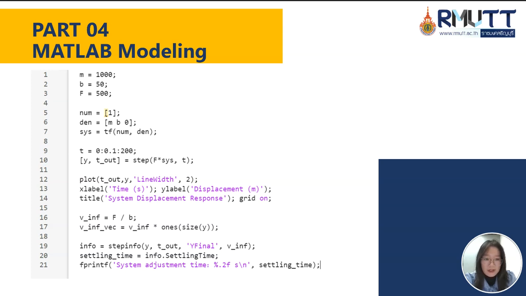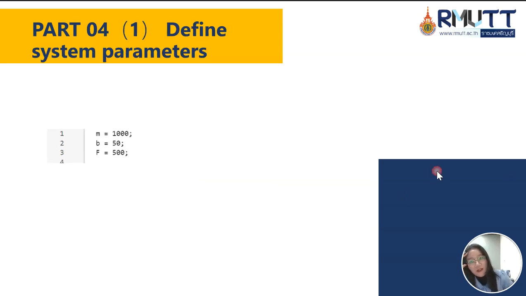Next, I will analyze it part by part. This section of code defines the core physical parameters of the spring damper system.